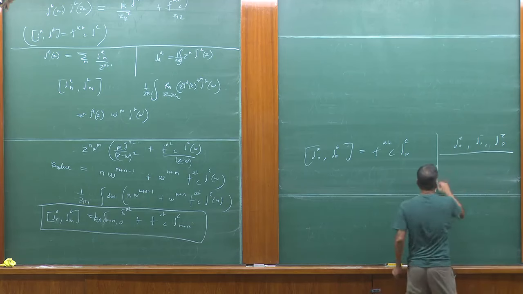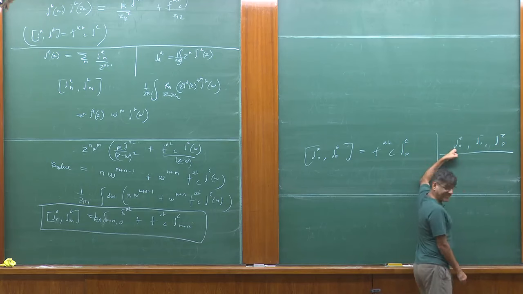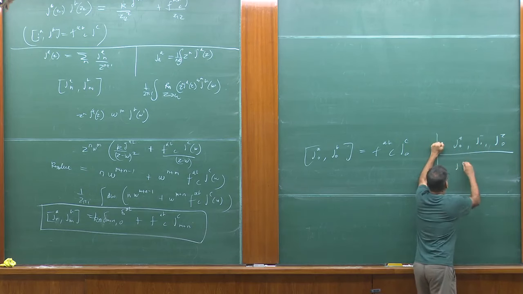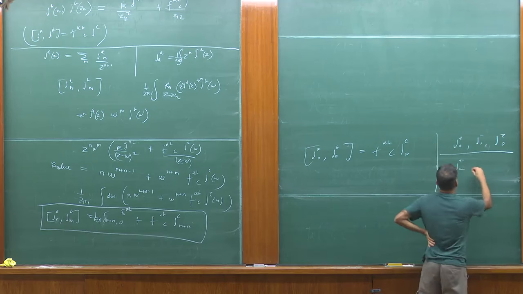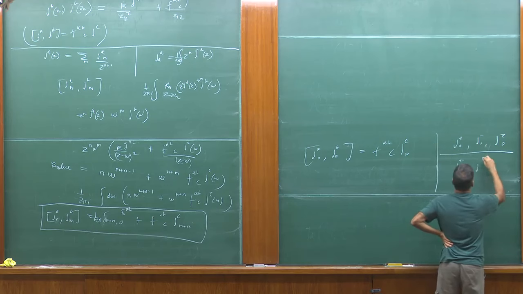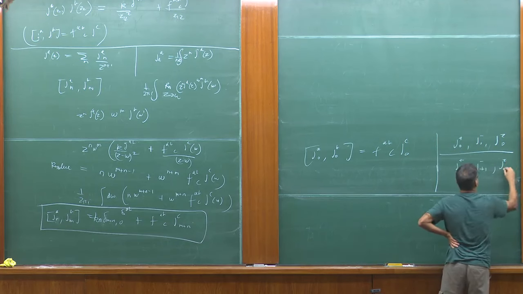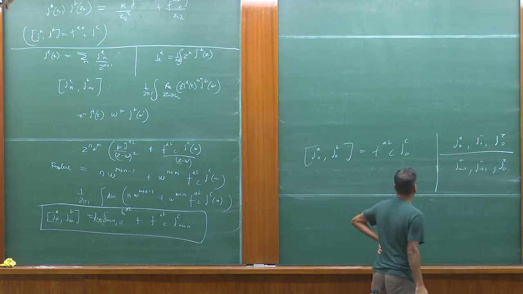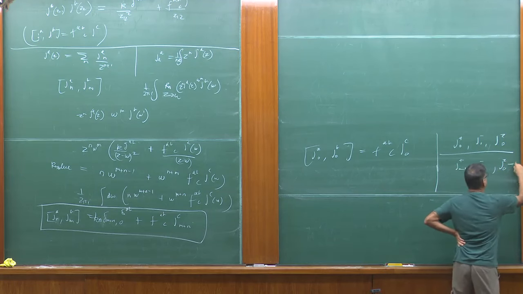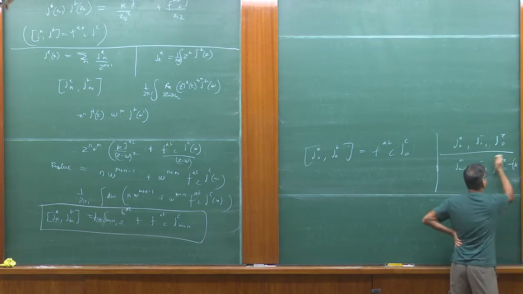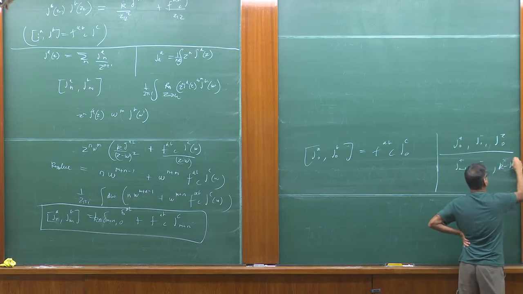In that case, what we did was we looked at J plus at mode minus 1, J minus at mode plus 1, and Jz 0 minus k by 2, or in fact, k minus Jz 0.